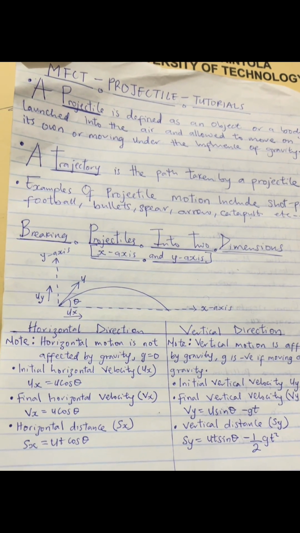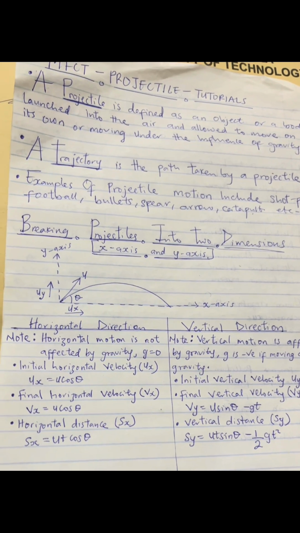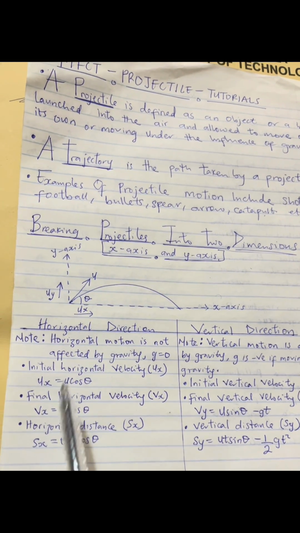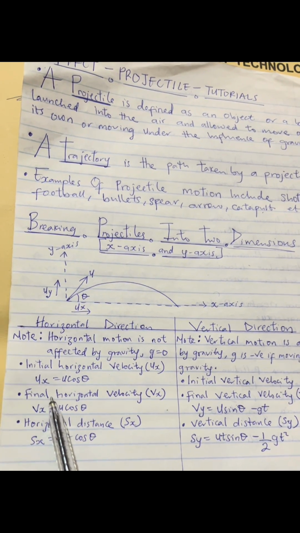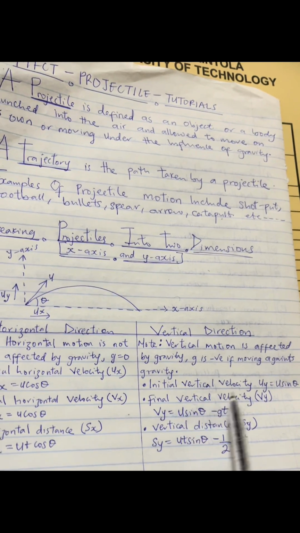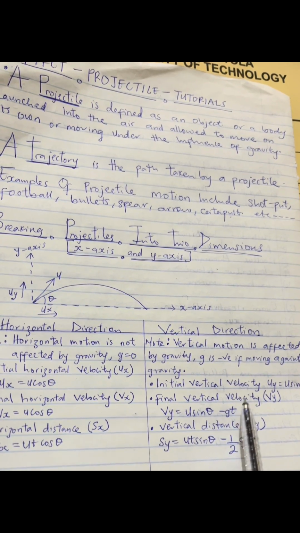Acceleration due to gravity. Only the vertical direction is affected by what? Acceleration due to gravity. So talking about the horizontal direction, you can have the initial horizontal direction, you can have the final horizontal direction. You can also have the initial vertical direction, you can also have the final vertical direction.